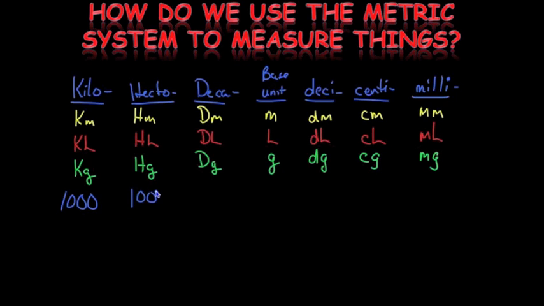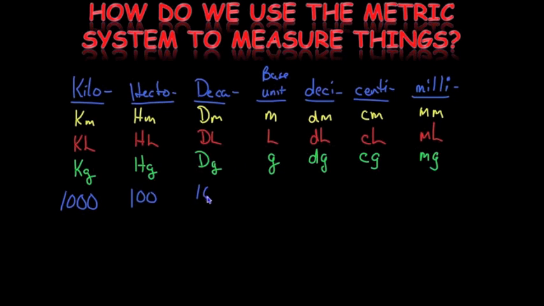Hecto means 100. And you'll notice that this number is 10 times smaller than the number next to it. So if you have 1 hectoliter, that is equal to 100 liters.